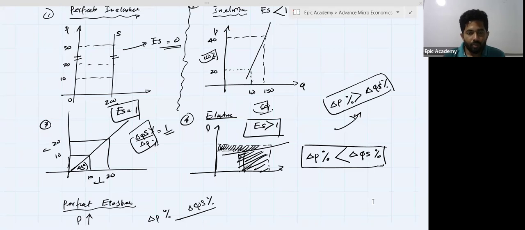According to that positive value, the shape of the curve can also change. We already identified that. Just try to identify the coefficient value and the shape of the supply curve. Those are very important: name, coefficient value, and the shape of the curve.